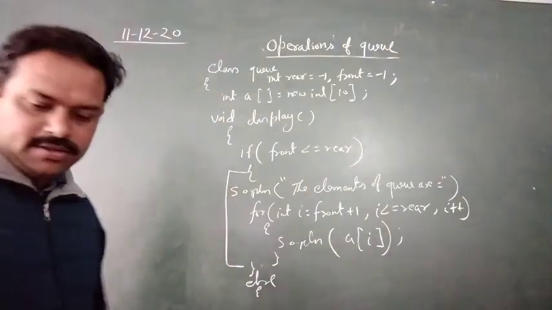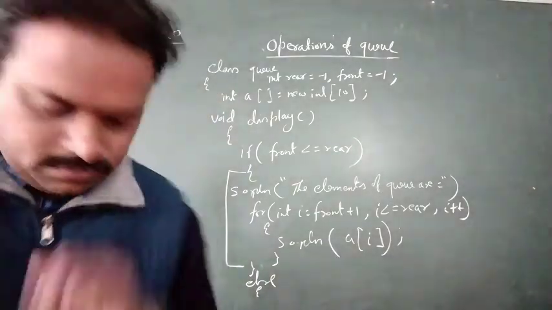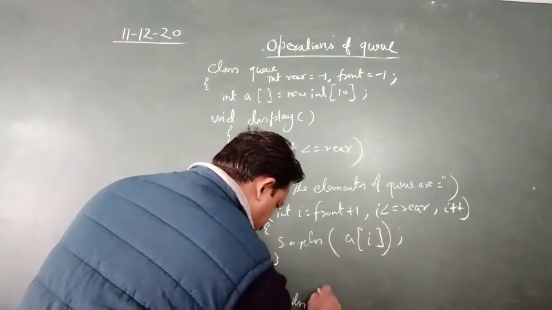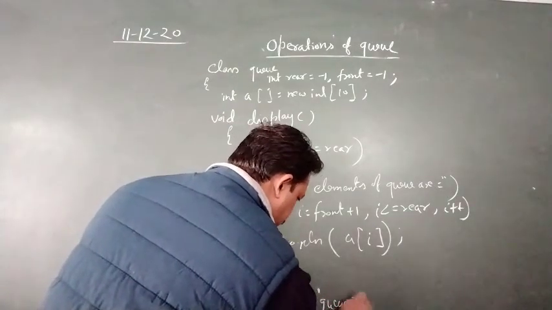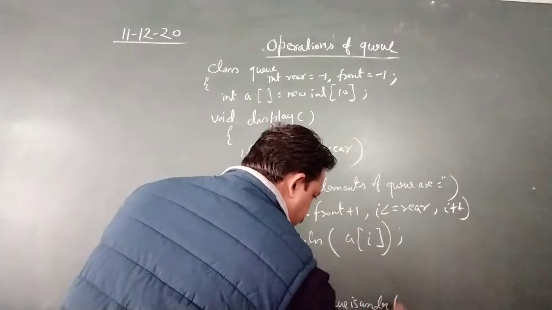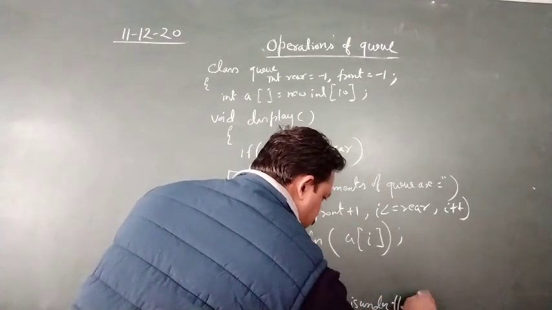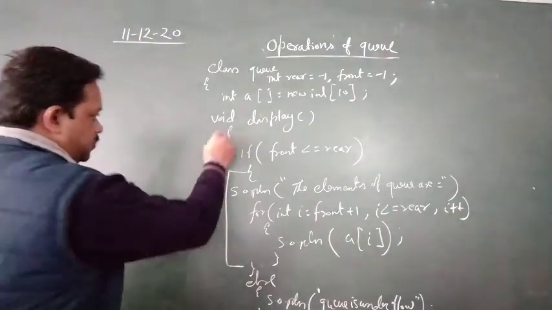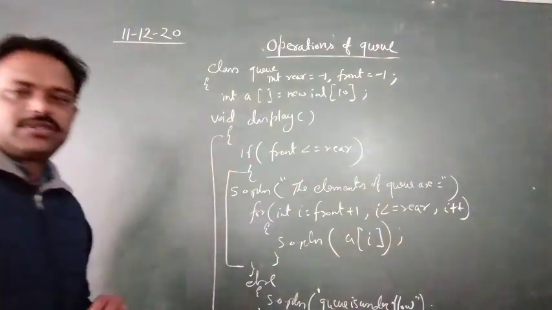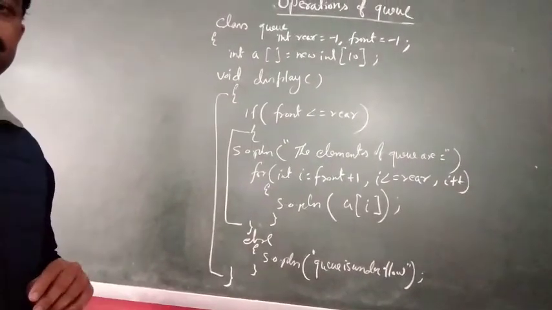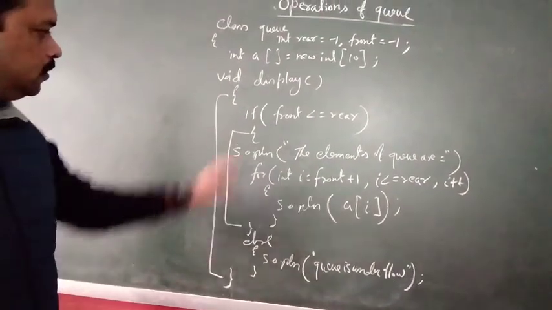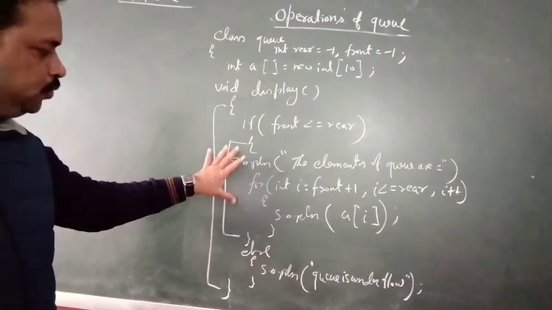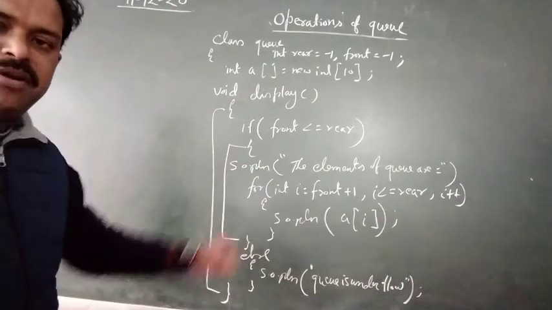And here you can say that Q is underflow. Closing of else, and at last closing of function. You can see, this is a function which I have made to display the remaining elements.